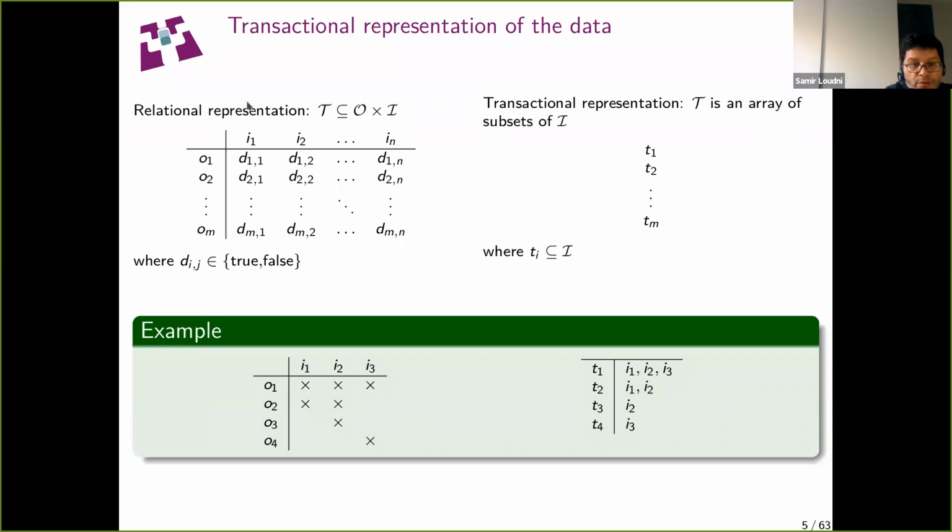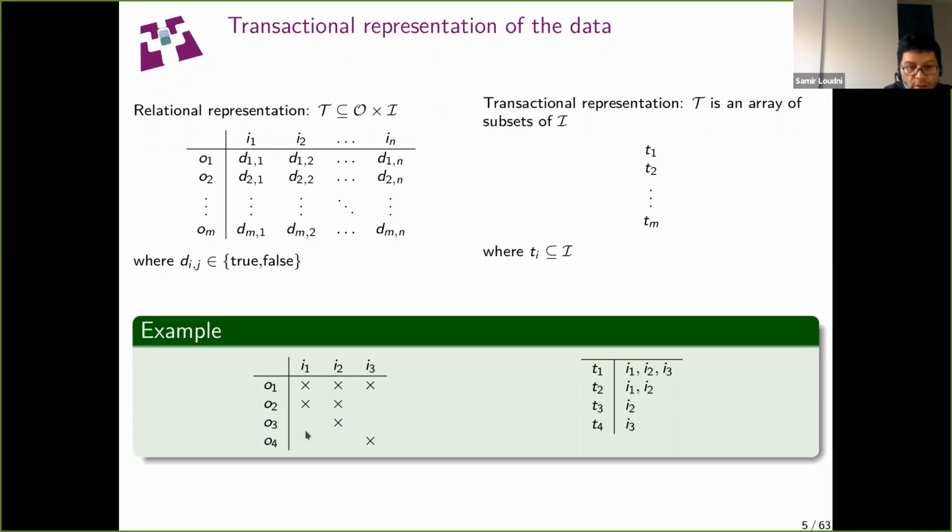If we consider the relational representation, we just have to say if some items are present in the transactions. But in the transactional representation, for each transaction, we report all the items that appear in this transaction. In this talk, I will consider indifferently the two representations.